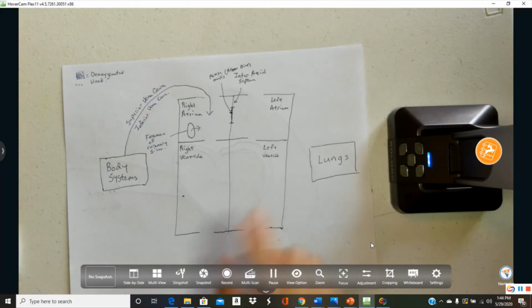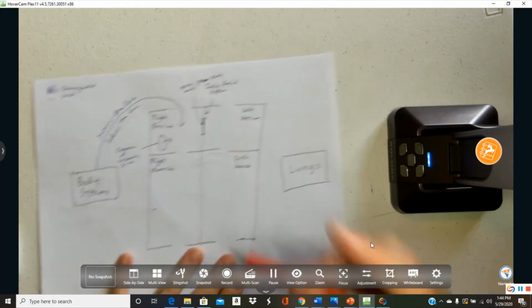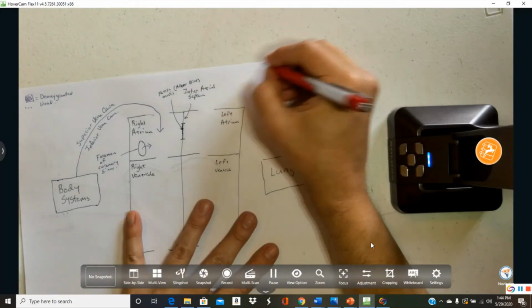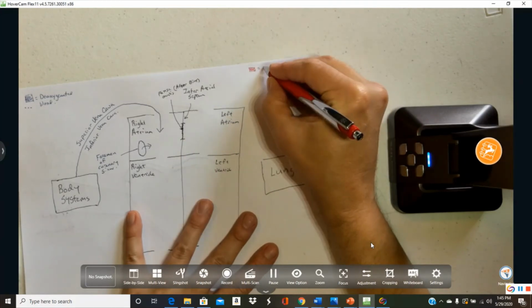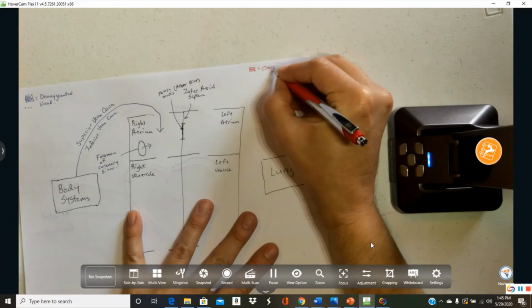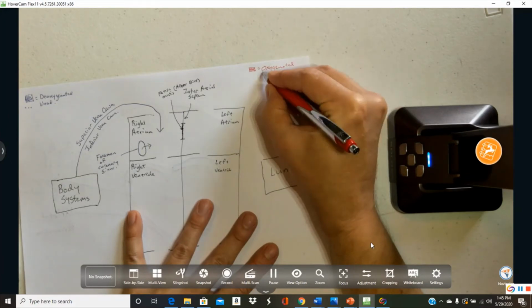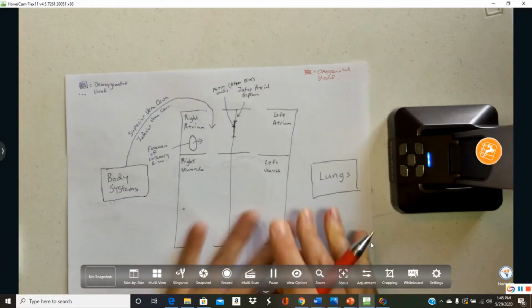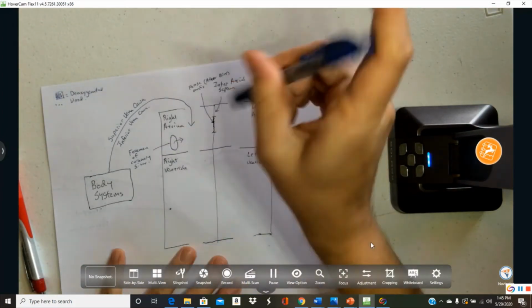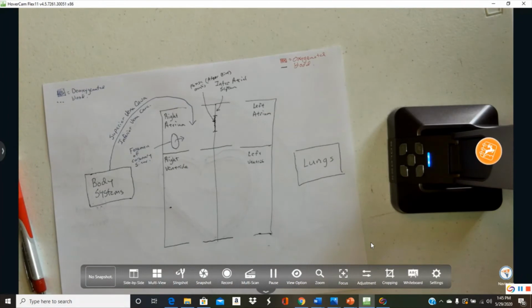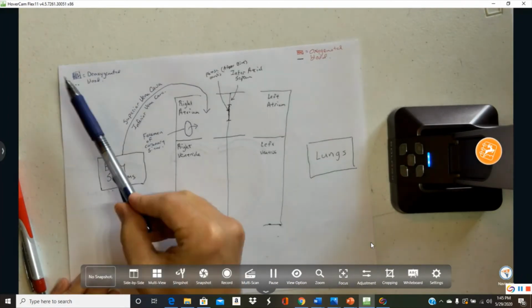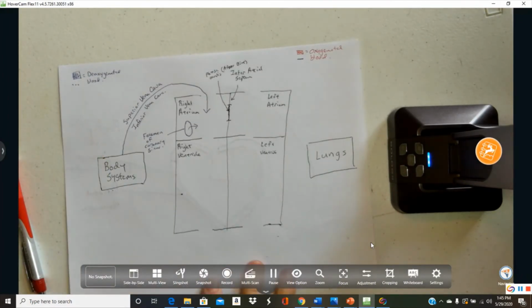But the left atrium receives a different type of blood. And the left atrium here, we're going to use red, and this is going to be oxygenated blood. Oxygenated blood. And if you guys don't have colors handy, I would recommend using a solid line to represent oxygenated blood and a dashed line to represent deoxygenated blood.